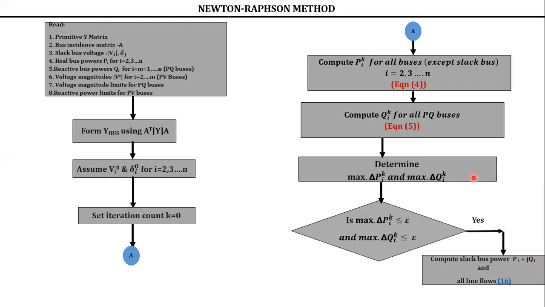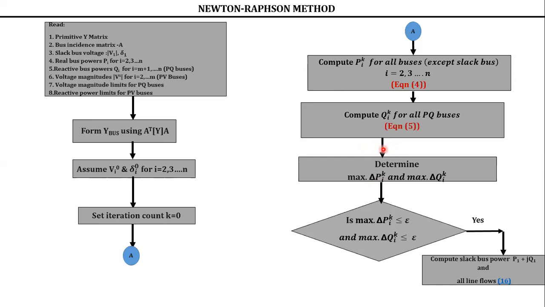Maximum value or maximum change. So that's what, you are determining the change in voltages, change in real voltage. Among these values, maximum. See here, you are calculating first, before this one, you put one block. I'm telling you add one more block here. You say that determine delta PIK and delta QIK.